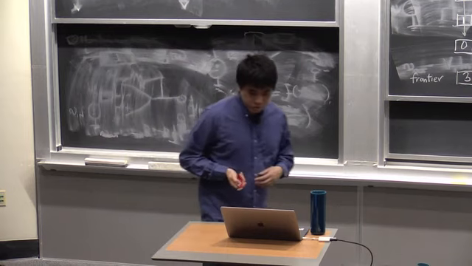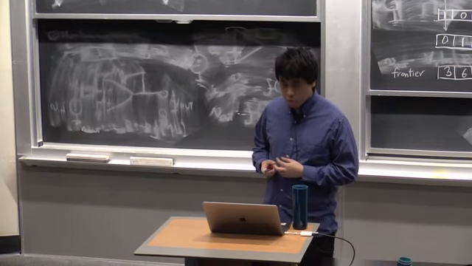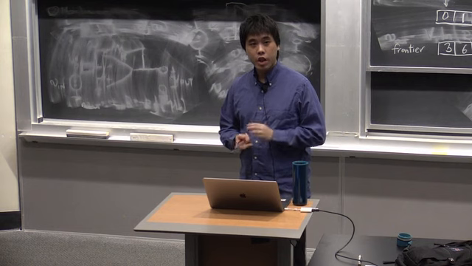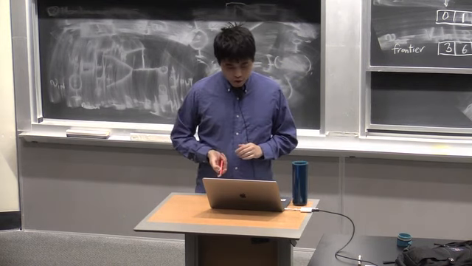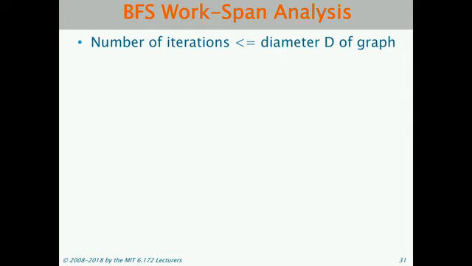OK. So let's now analyze the work and span of this parallel BFS algorithm. The number of iterations required by the BFS algorithm is upper bounded by the diameter d of the graph. The diameter of a graph is just the maximum shortest path between any pair of vertices in the graph, and that's an upper bound on the number of iterations we need to do.